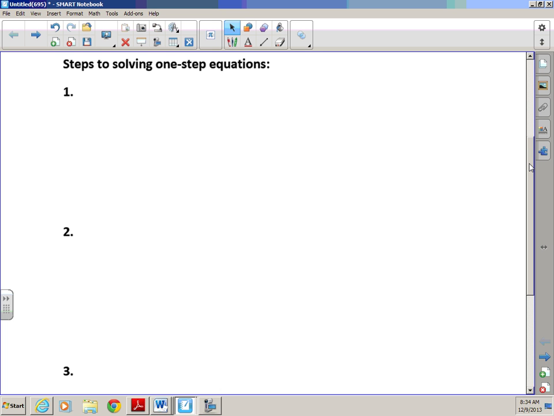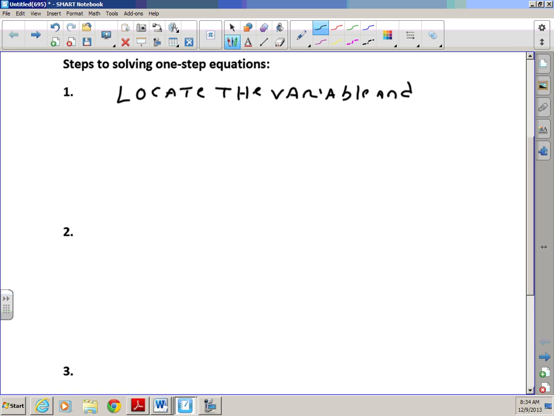So what are our steps in solving one-step equations? Well, we want to locate the variable and determine what operation is happening.